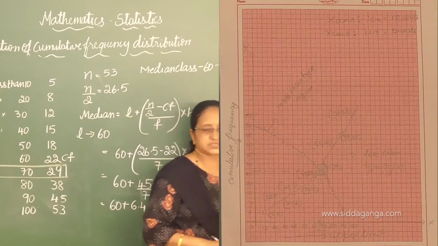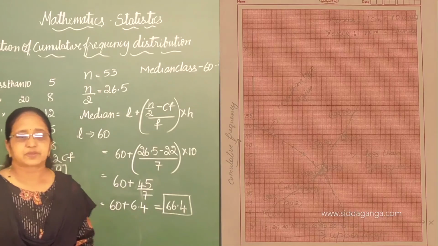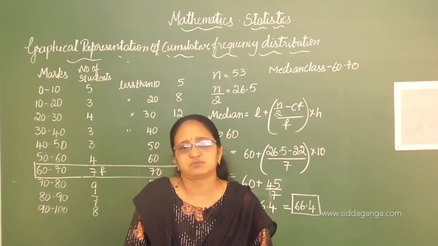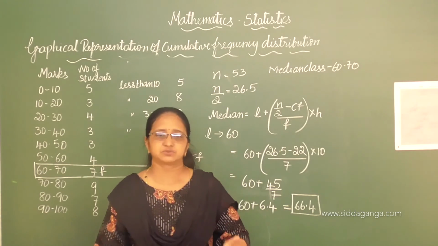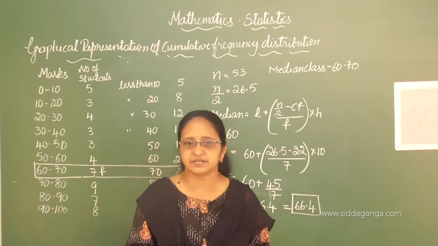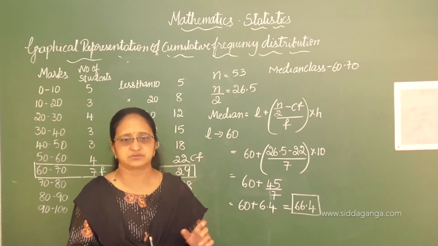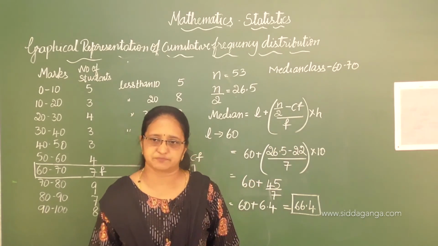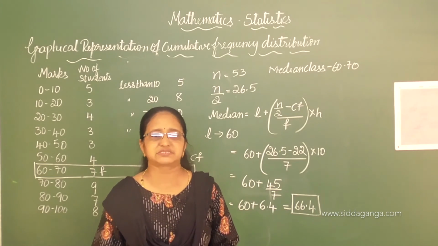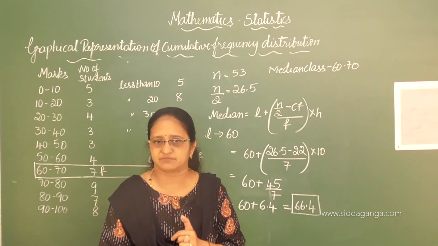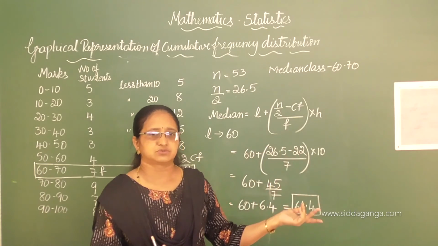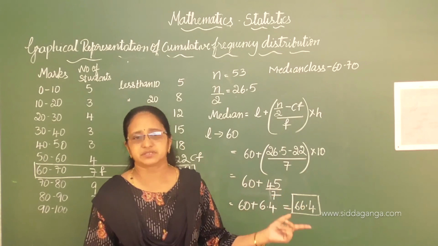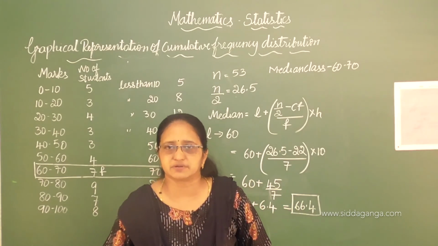So this is how we can find the median by using the less than type ogive graph and also the more than type ogive. If they ask you to draw only the less than type, you have to do the first part that I did and plot the less than type ogive graph. Second, what we studied, the more than type graph: for that you take the lower limit and the corresponding cumulative frequency and plot the more than type ogive graph.